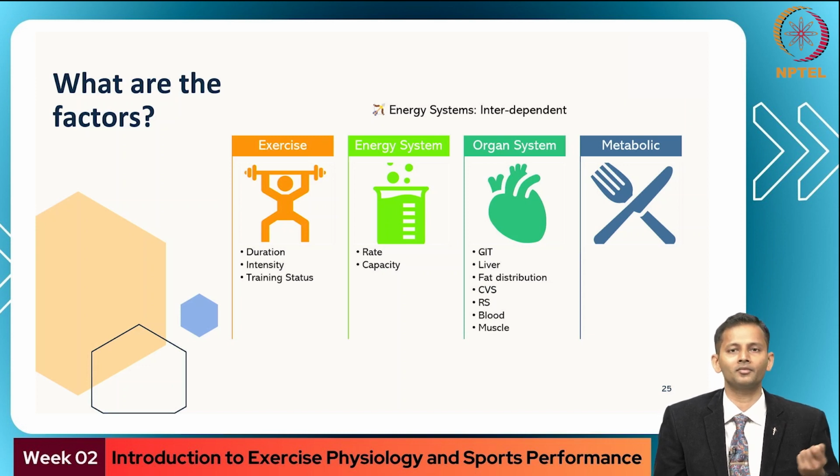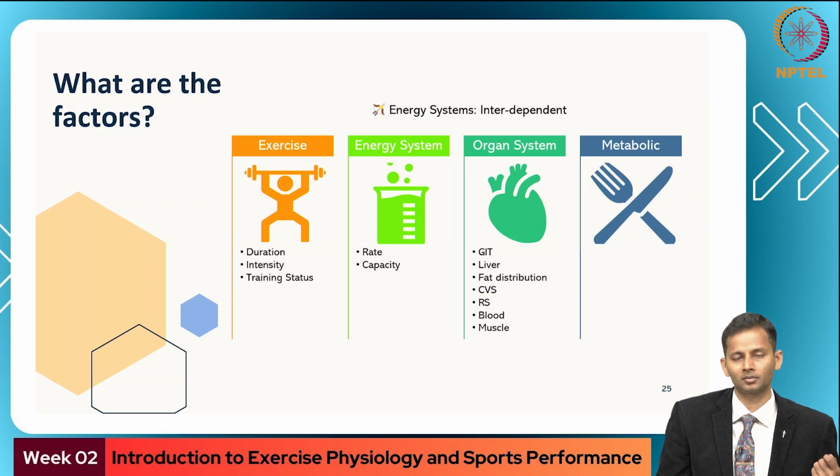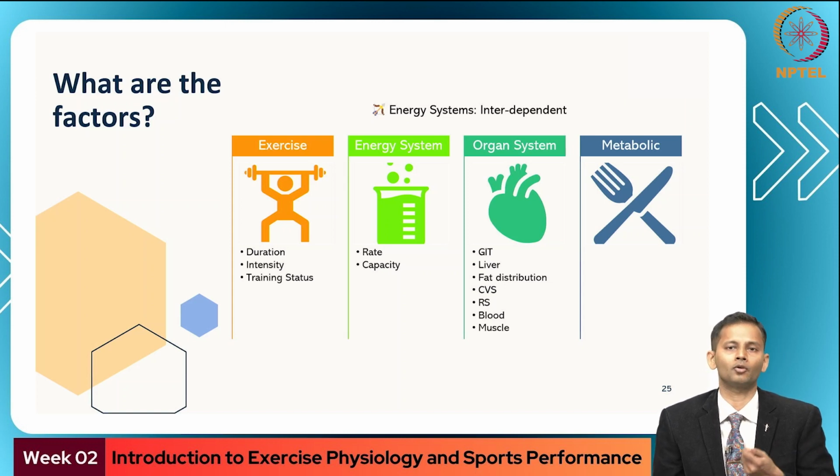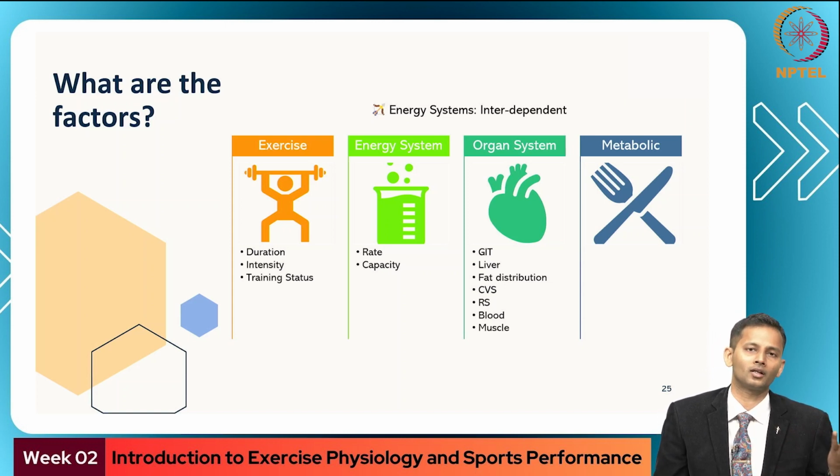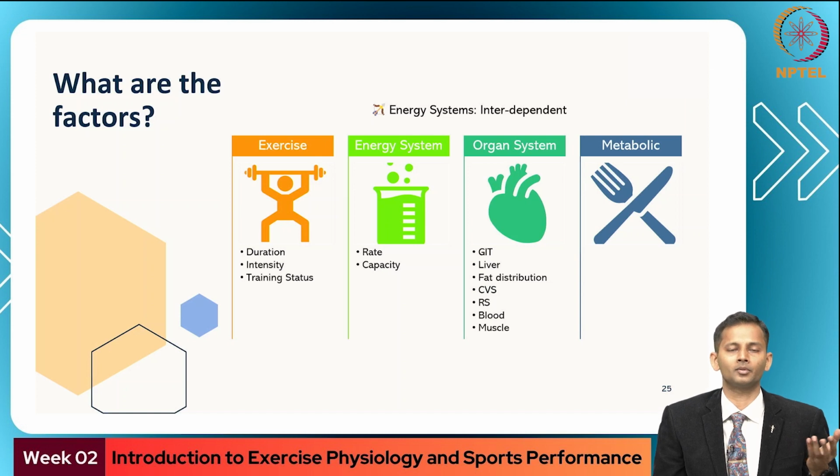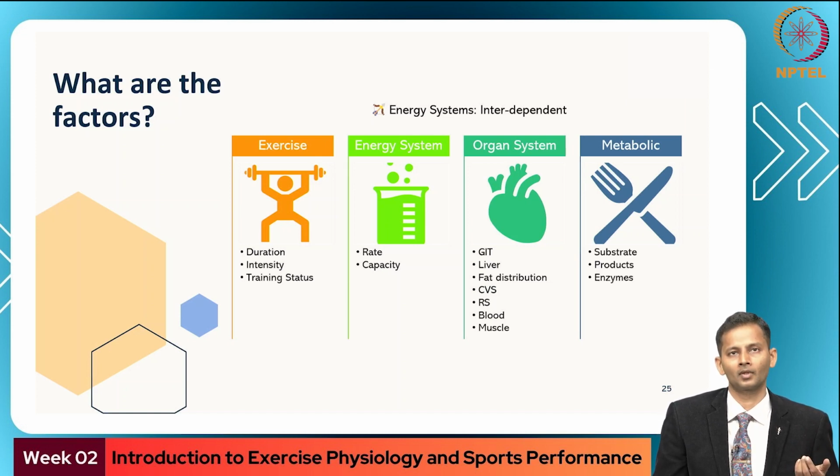Different types of muscle have different energy systems predominating. Type 1 will have more of an aerobic system, Type 2 will have more of an anaerobic system, according to the respective enzymes and chemical intermediates. So the activity of these energy systems will be highest in the respective type of skeletal muscle.